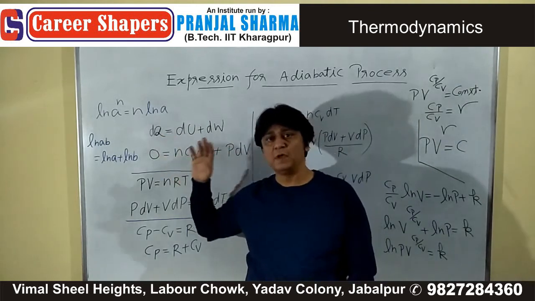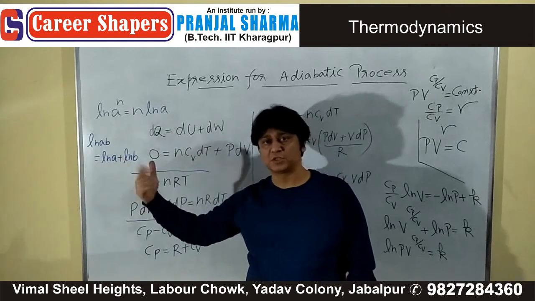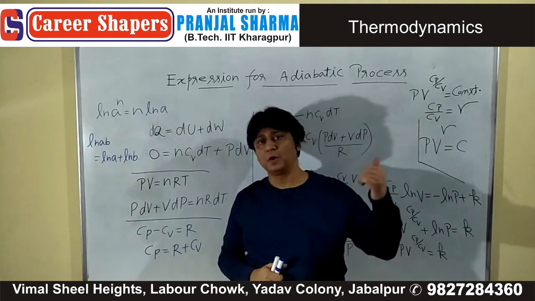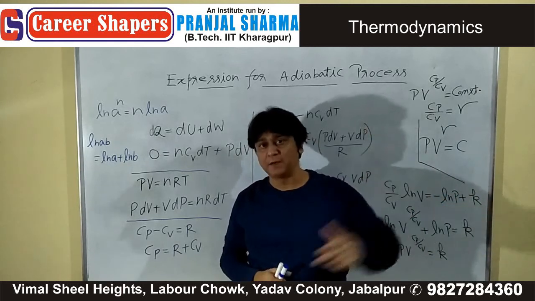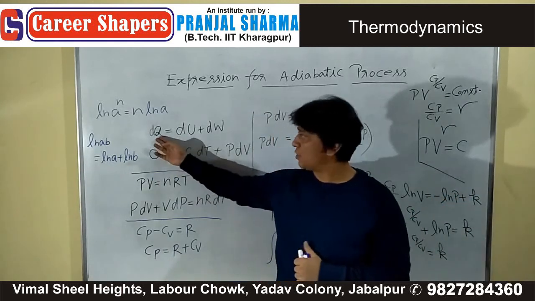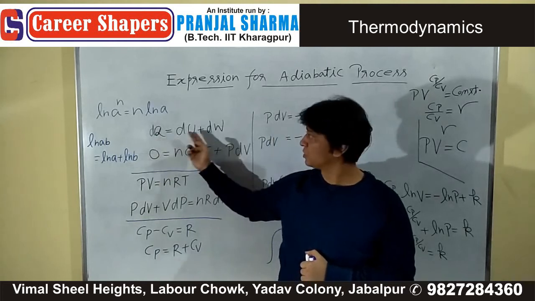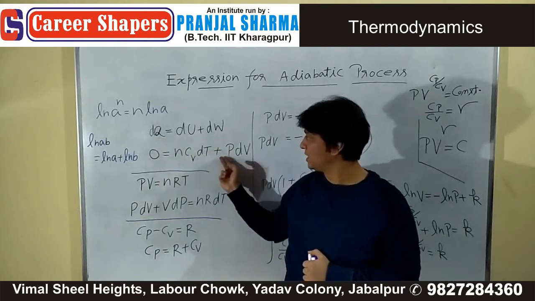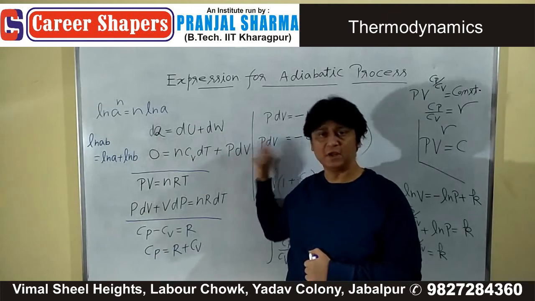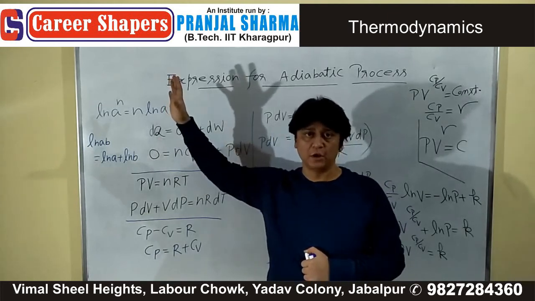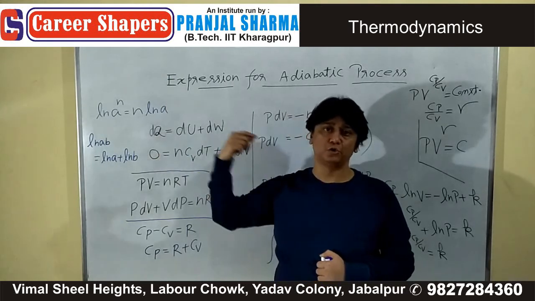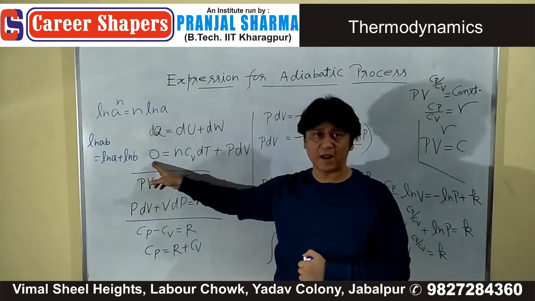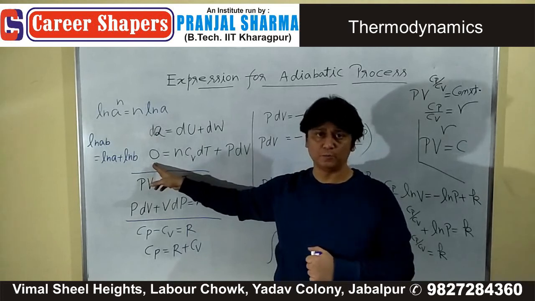dq is 0. That means for some other process, suppose they gave you that dq is 5T, capital T. Write down that value of 5T. dU is this. Write down dW in the elementary form, PdV, and then integrate the whole thing. If they say that heat supplied is directly proportional to pressure, write down some constant into pressure.